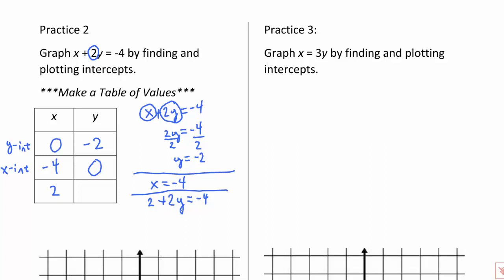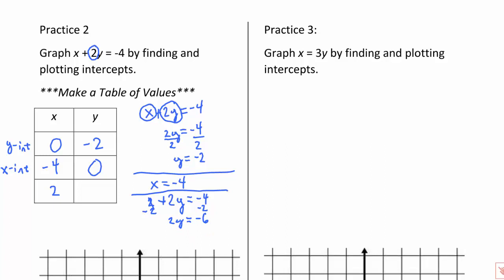Then I solve. The first thing I need to do is get this term to the other side, because I need the y term by itself. So I'm going to subtract 2 from both sides. Again, I'm subtracting because this is a positive 2. So that's 2y equals negative 6.